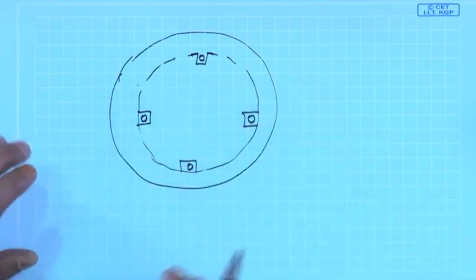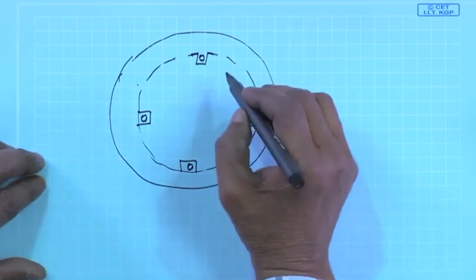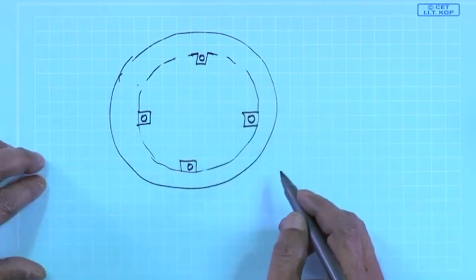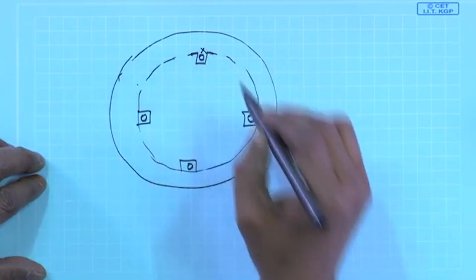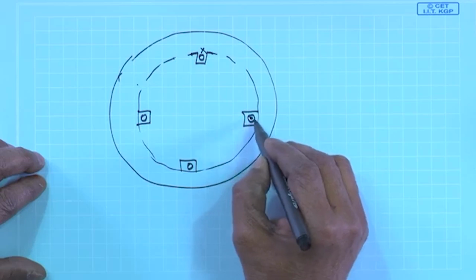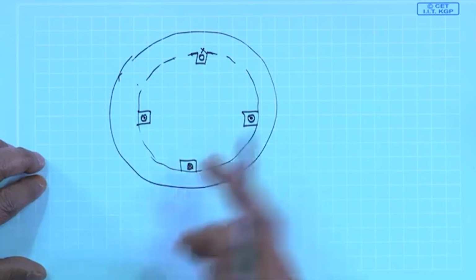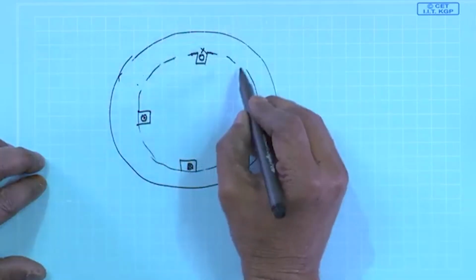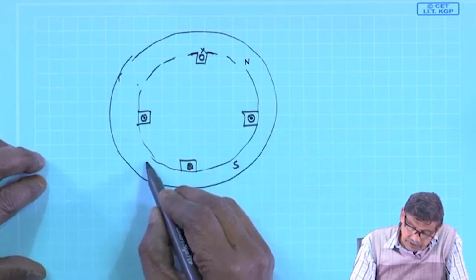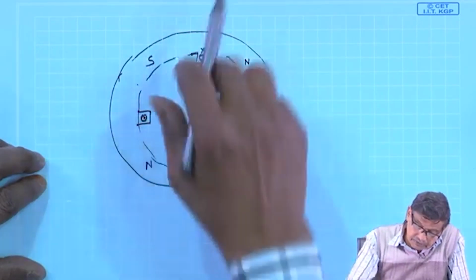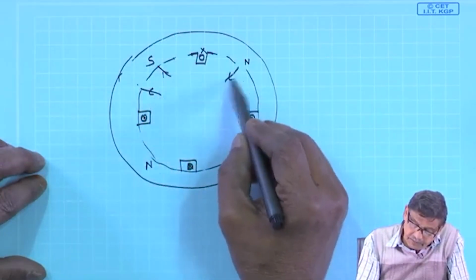Suppose I have wound the machine for 4 poles. This is cross, you pass some current, its return is here dot, it is cross and it is dot, and you get 4 poles created. This will be north, this will be south, this will be north, and this will be south, because lines of force will come out.